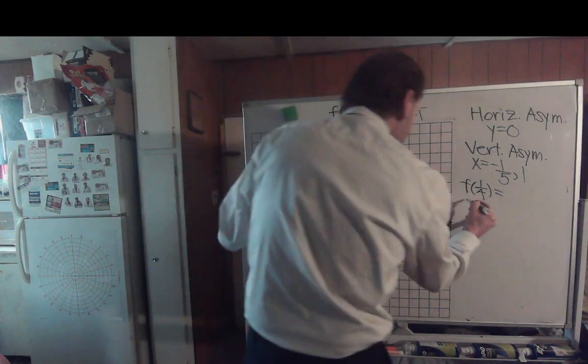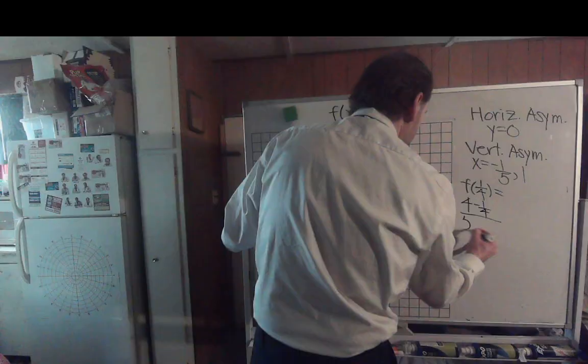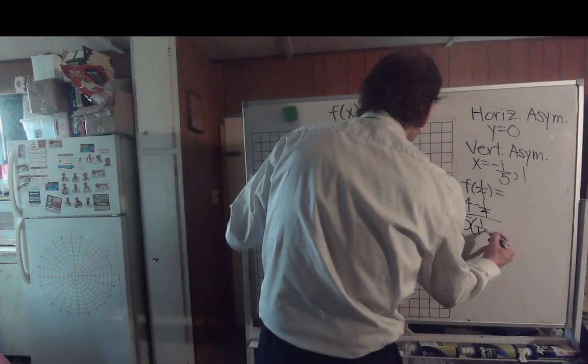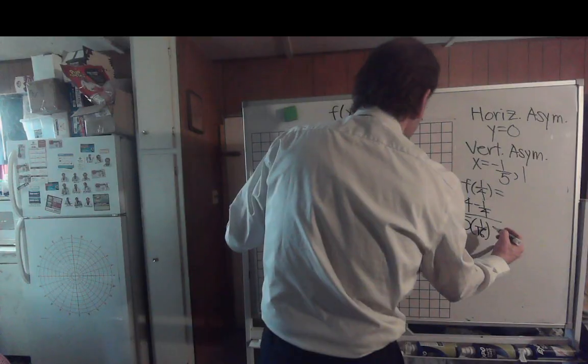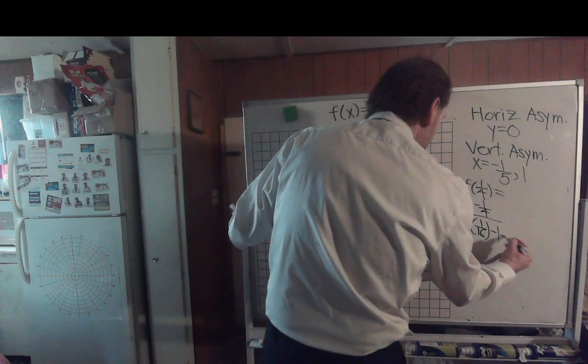So we'll have 4 minus 1/4 all over 5 times 1/16. Now what is 4 times 1/4? That would be minus 1 minus another 1.